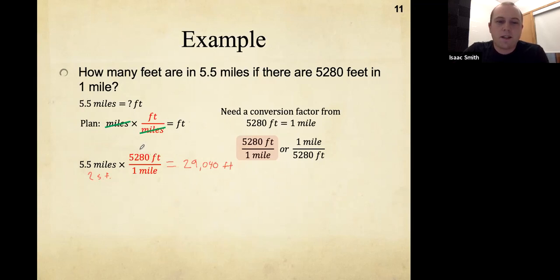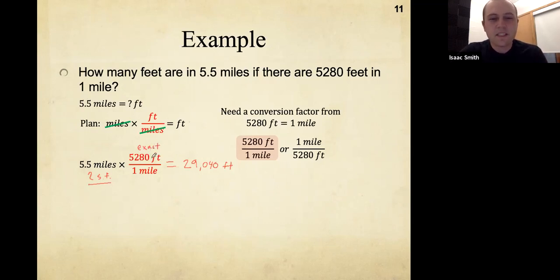So this is an exact number, so you can just put exact. In this case, you don't have to decide which one has the least number of sig figs, because there's really only one measured value that has sig figs. And so our answer only has 2 sig figs, because 5.5 miles is 2 sig figs. And this number you can almost think of as having an infinite number of sig figs if you want, but we just call it exact.